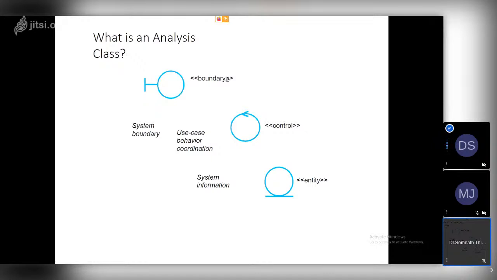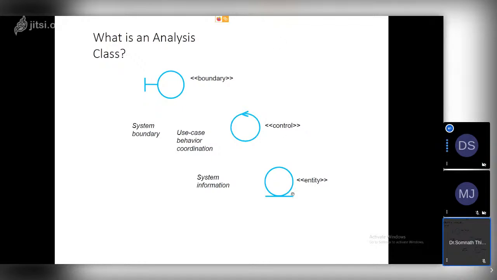So how am I going to remember these notations? This is nothing but the class. The class can be divided into three parts: first as a boundary, second as a control, and third as a simple entity. In another way, we can say that the architecture of the software can be done with three styles, that is MVC architecture, which stands for model, view, and control.